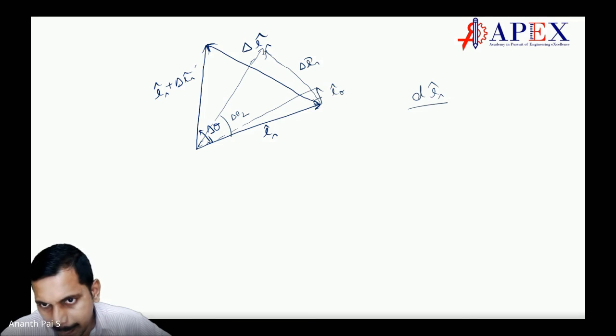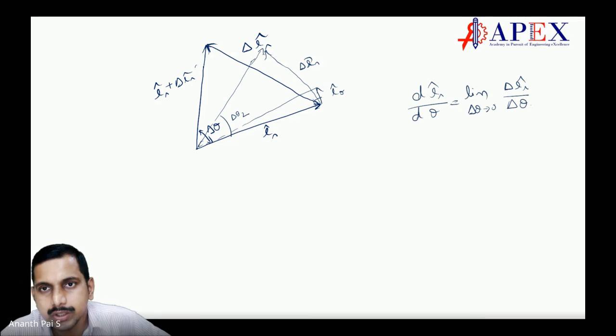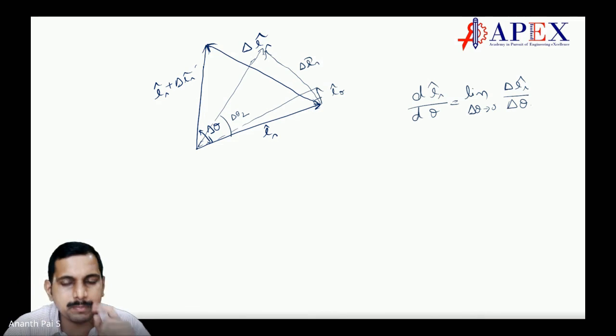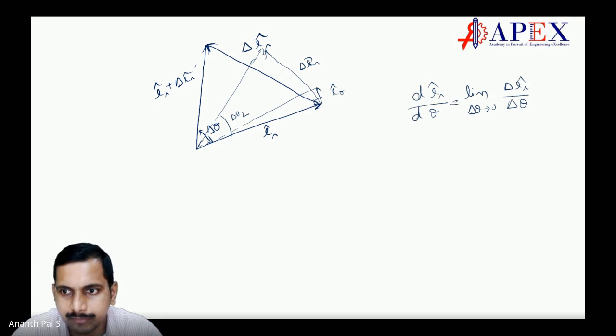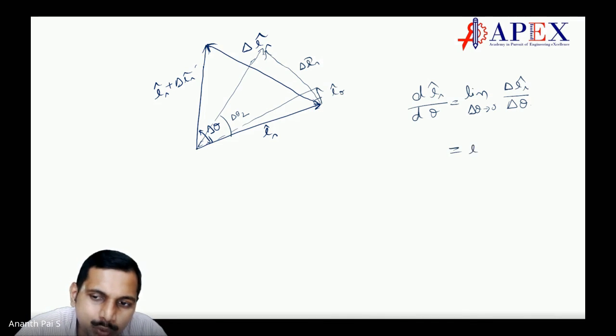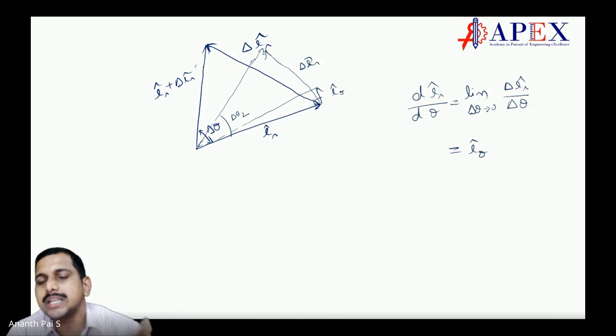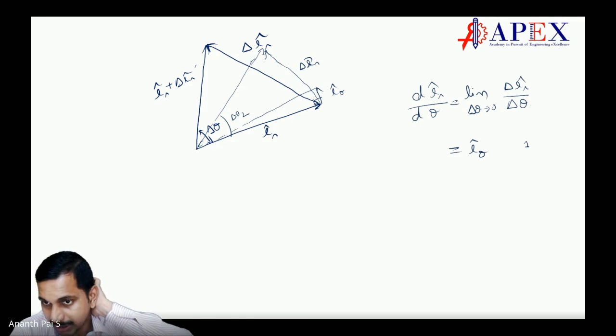Yes, I understand. der by d theta is equal to limit delta theta tending to 0 of delta er by delta theta. You say you have understood, but there is one problem in understanding. Sir, why does it come as unity is the question, right? Now e theta, you may say, sir, it is 1, right? The magnitude of e theta is 1.